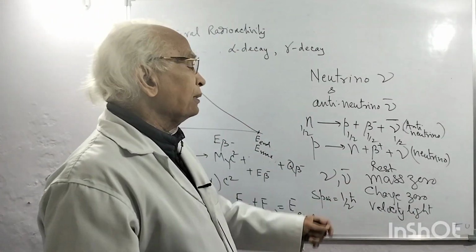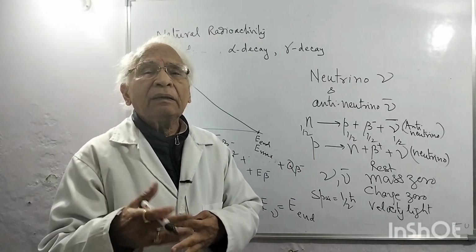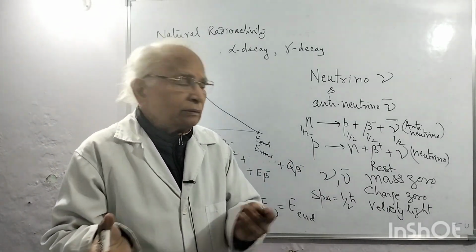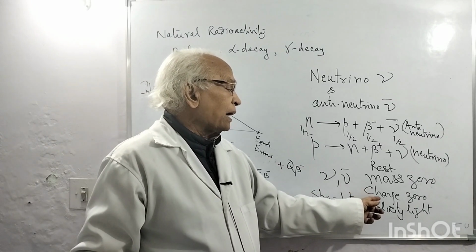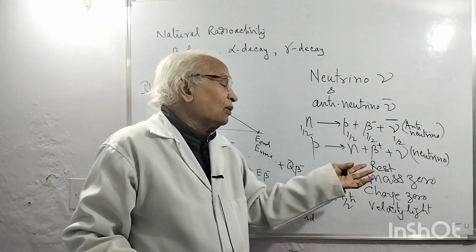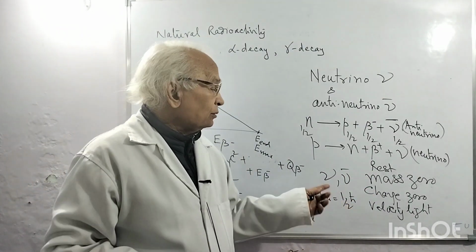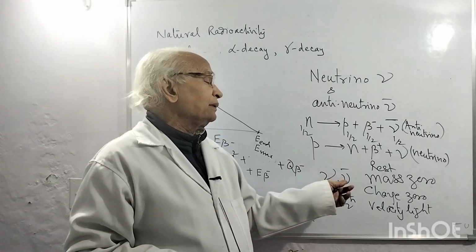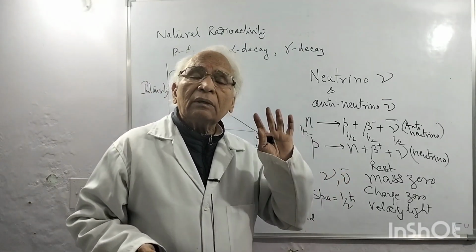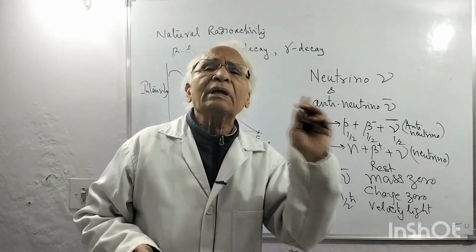So neutrino and antineutrino don't interact with matter by electromagnetic interactions, because they don't have charge or any magnetic property, and the rest mass is almost 0, so there is no gravitational force also. So the interaction of neutrino and antineutrino with matter is almost 0.